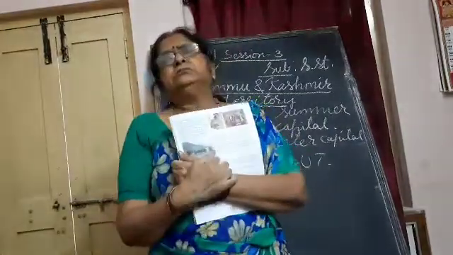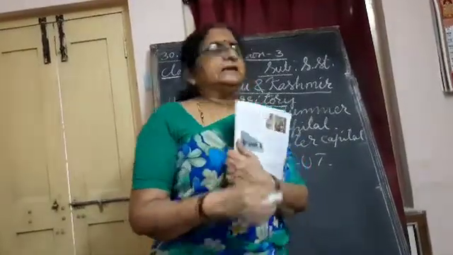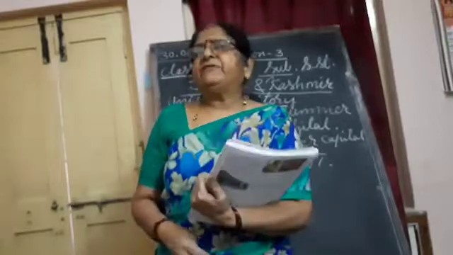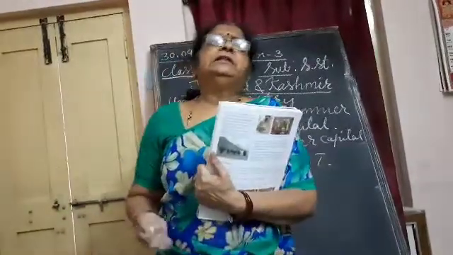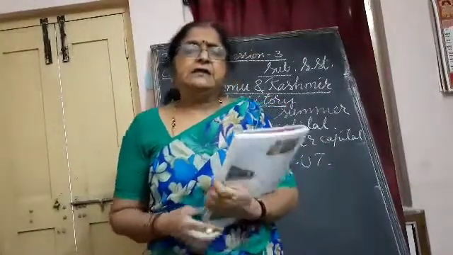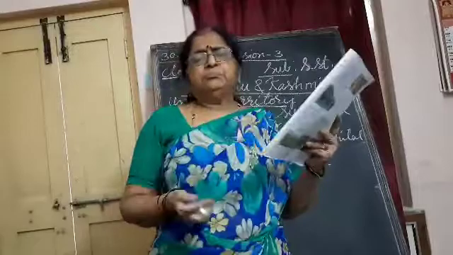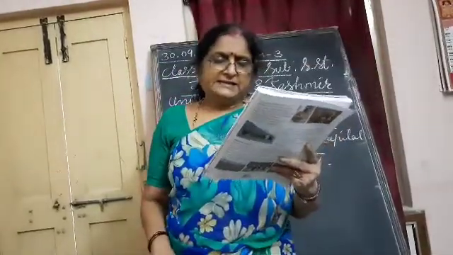They are very important things, shikaras and houseboats, which we find in the lakes of Jammu and Kashmir. They are the most important attractions for the tourists, I can say.